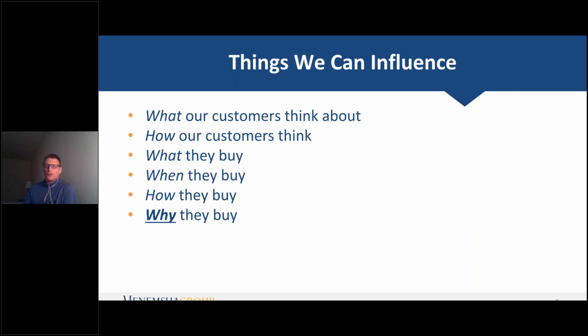Your job description should talk about how it's your job to influence what it is that your customers think about. It's our job as salespeople to influence how our customers think. It's our job to influence what they buy, when they buy, how they buy, and why they buy. And we're going to spend most of our time talking today about how you can influence your customers' thinking.